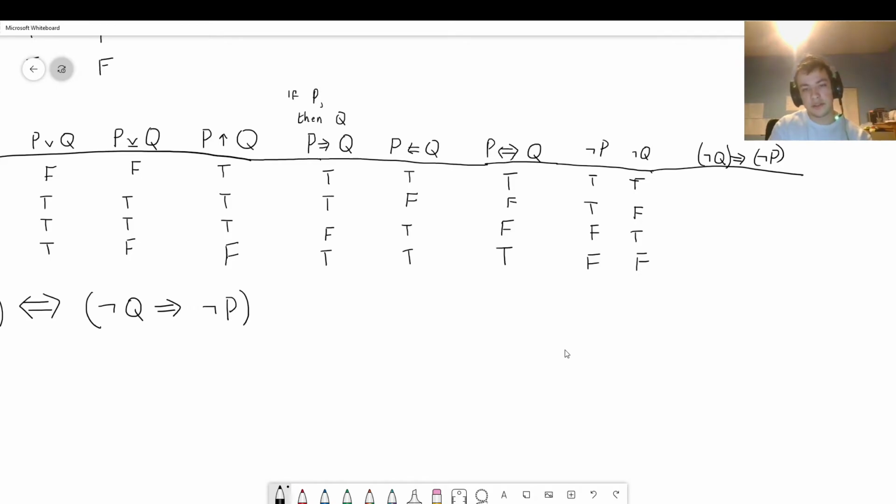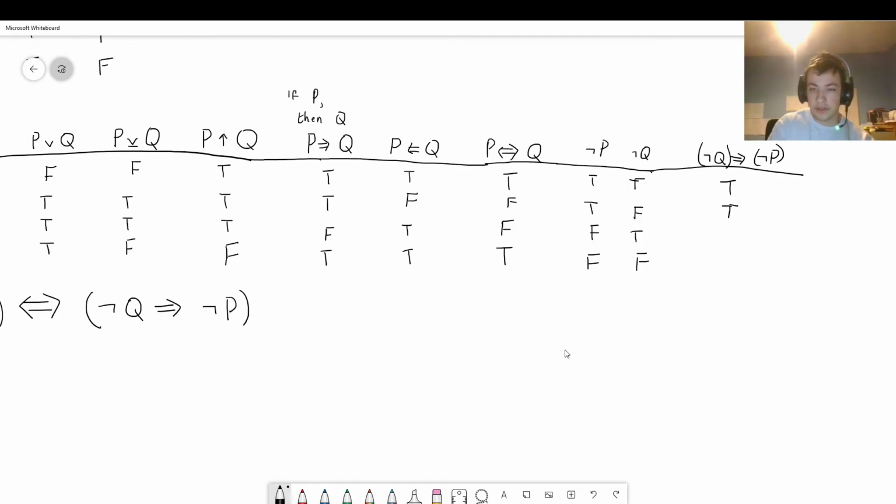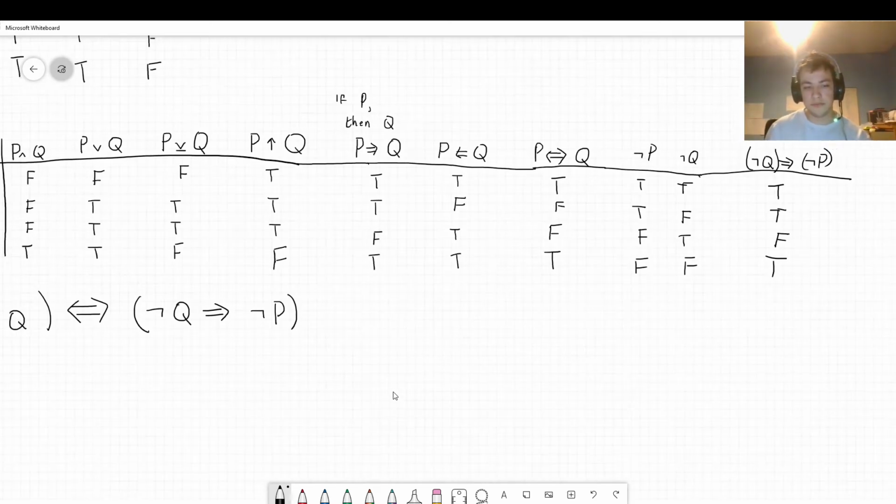So true implies true, true; false implies true, true; true implies false is false; false implies false is true. Okay, and so these are exactly the same, and so they're equivalent because they're always equal as statements.